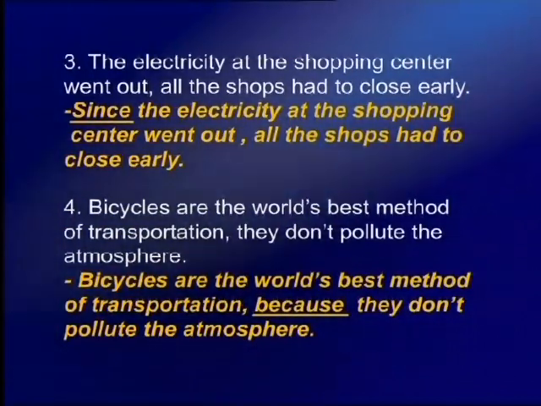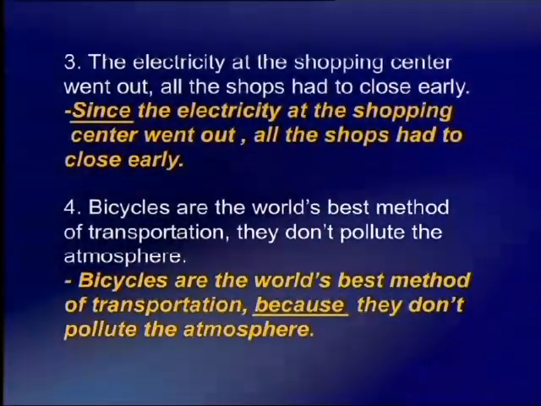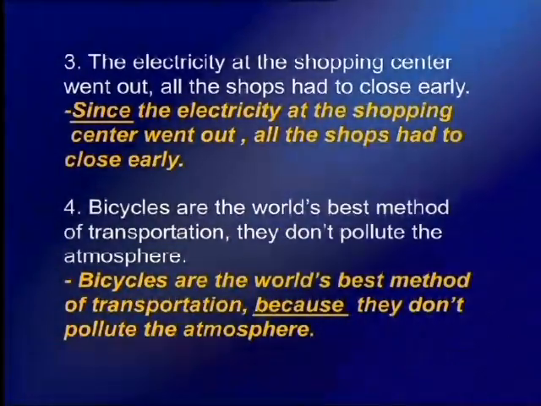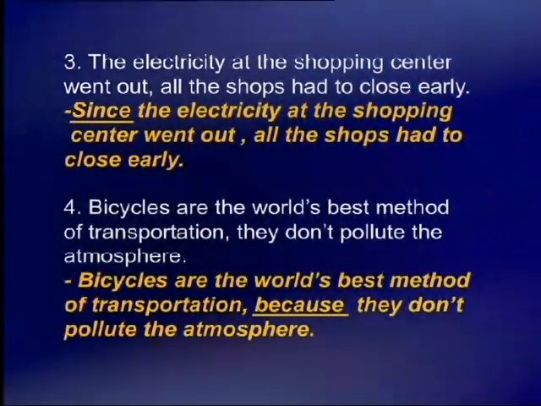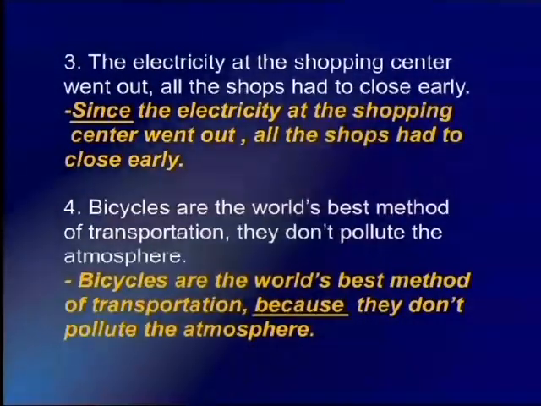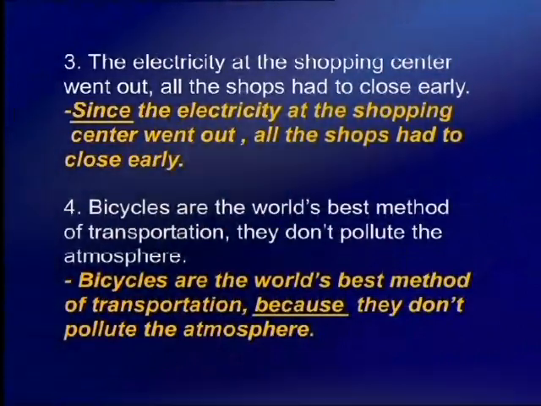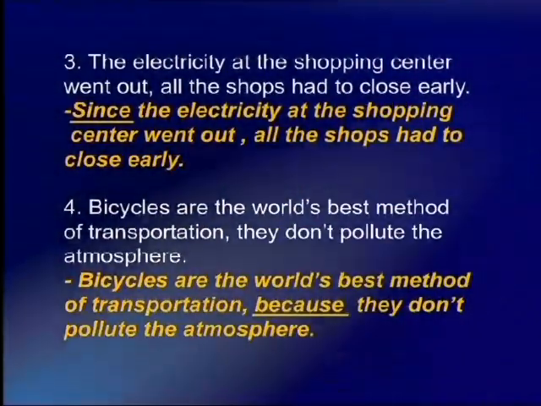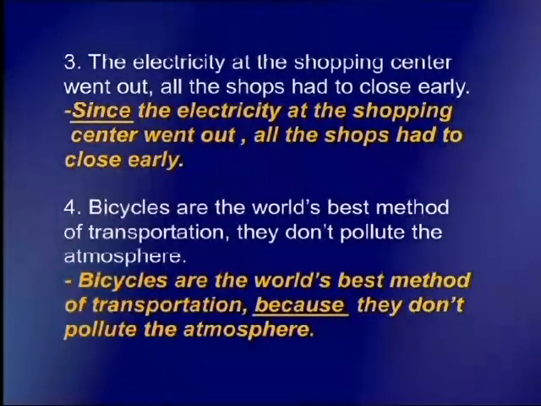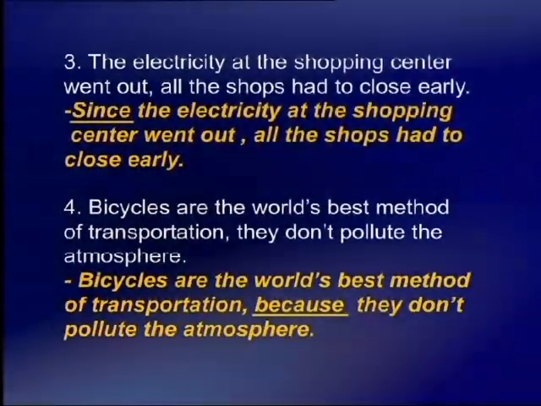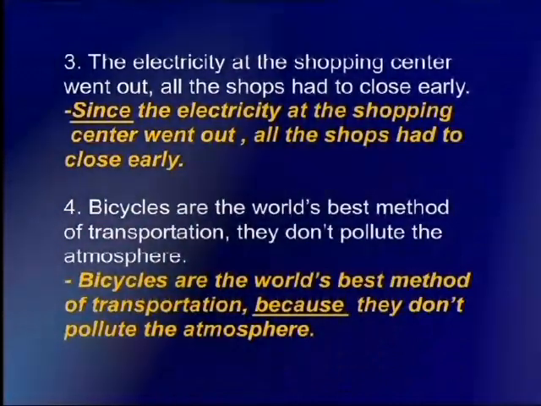Again, I would suggest that you use rule number 3. Subordinate the second part of the sentence. Bicycles are the world's best method of transportation because they don't pollute the atmosphere.